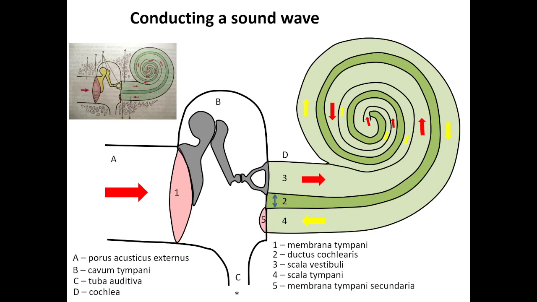So it isn't soft, it's hard. So this is the conducting of a sound wave. The sound wave conducts from the air surrounding us into the endolymph inside of the labyrinthus membranaceus.